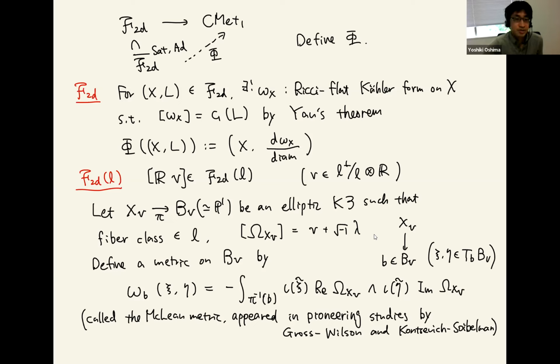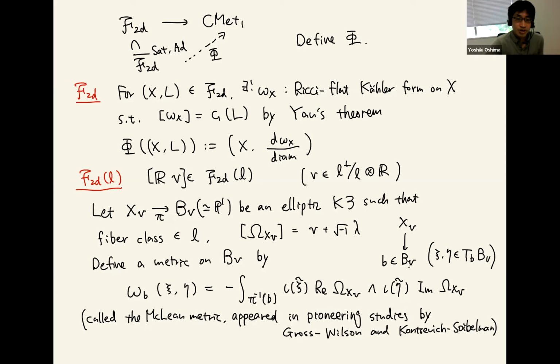So we can show that we can construct such an elliptic K3. The base is P1, the total space is K3, and the generic fiber is an elliptic curve.